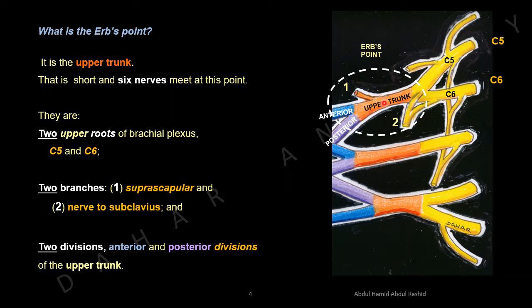So at this point 1, 2, 3, 4, 5 and 6 nerves meet, and this point is called the Erb's point. It is the upper trunk of the brachial plexus.